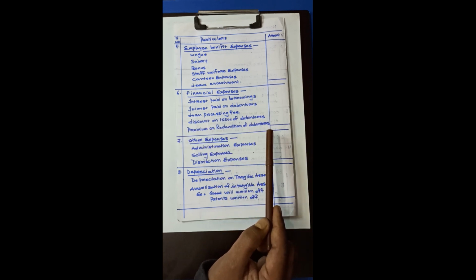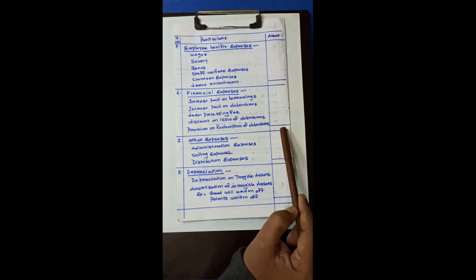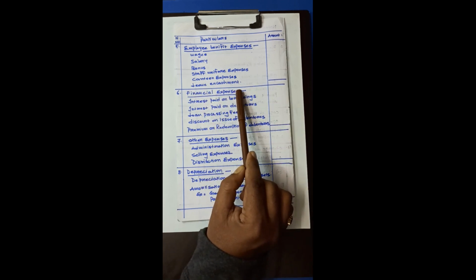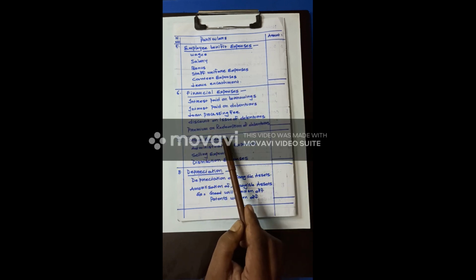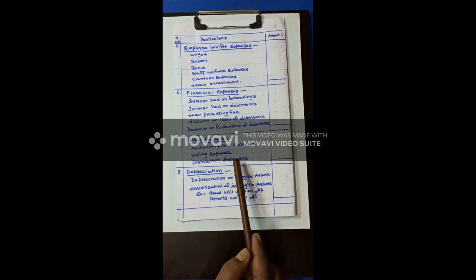So when we go to the main pro forma, we take this consolidated total against financial expenses, referring to note number 6. In other expenses, we take all other expenses like administrative expenses, selling expenses, distribution expenses.